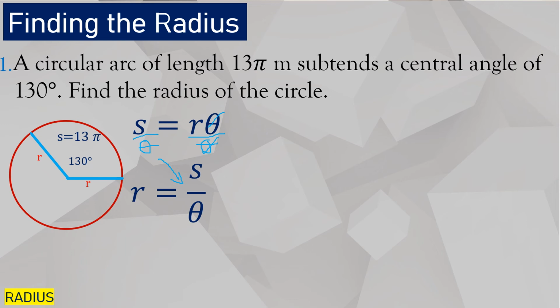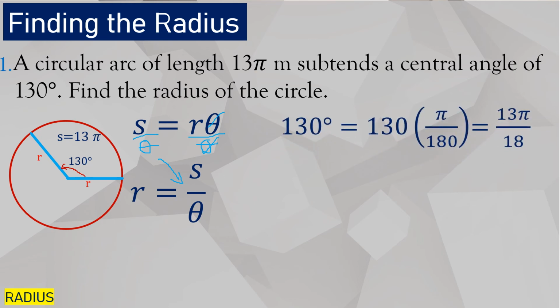Now, we were able to illustrate it. The angle measurement is 130 degrees with an arc length formed by it that is 13 pi meters. The radius is unknown. Okay, so ano formula natin? So ito na siya. Radius is equal to S over theta. We need to convert 130 degrees again in radian measurement, and that is equal to 13 pi over 18.